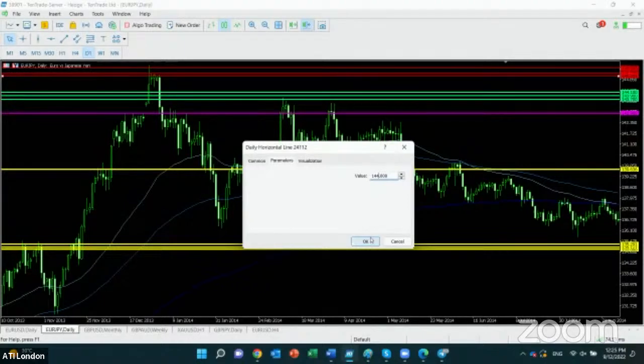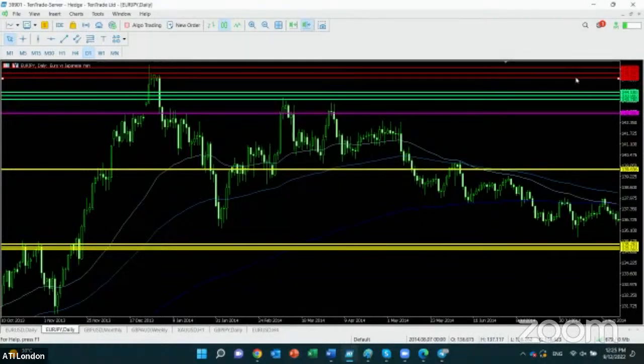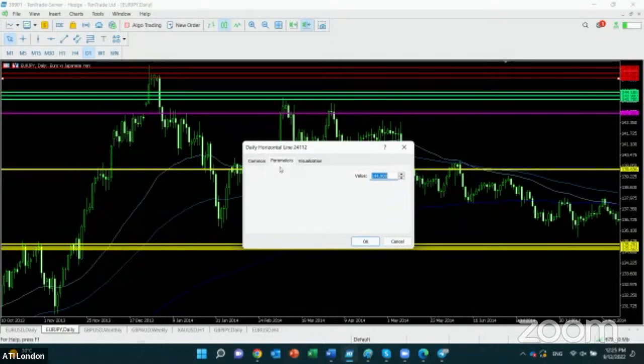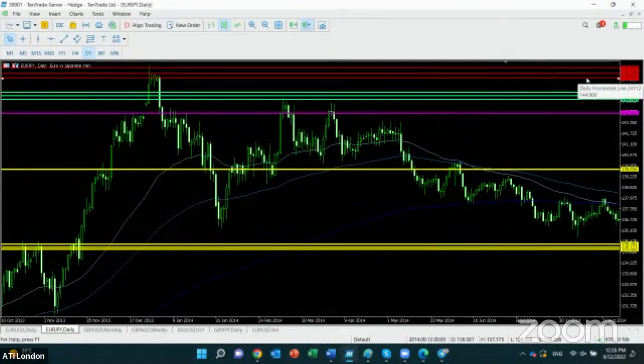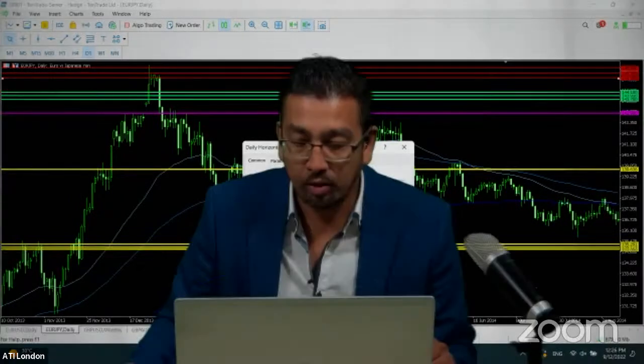But now we are back. We were just looking at the price at 144.90 as an ideal entry for a sell if we want to take that sell for the Euro JPY in terms of its corrective move. I'll leave it as red right there, but I'll thicken the line a little bit to show you that this is an ideal entry area for a sell.